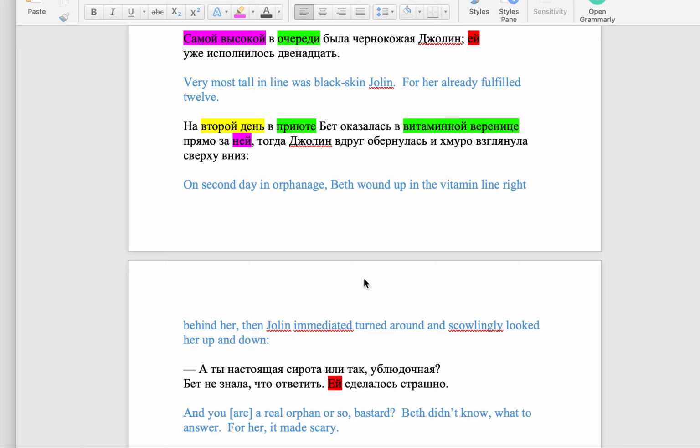And then we have прямо за ней. So za in this context means behind. And whenever you're talking about on top of, above, in front of, behind, then you have to use the instrumental case. Ней here is actually the instrumental case.